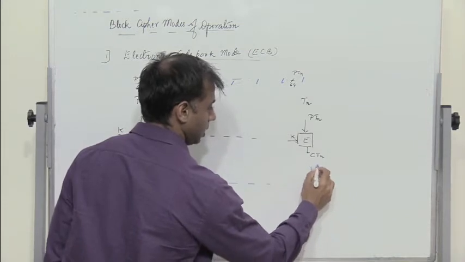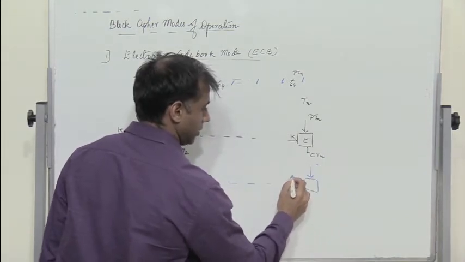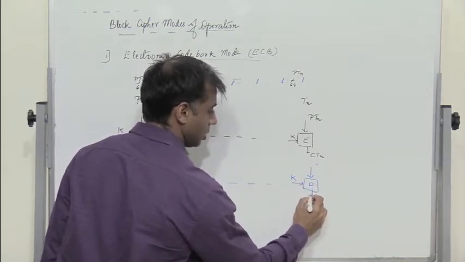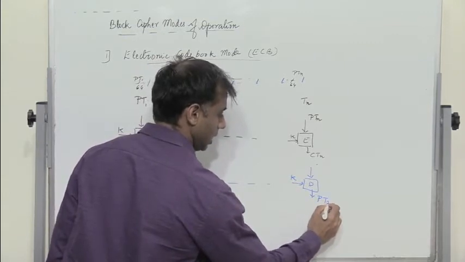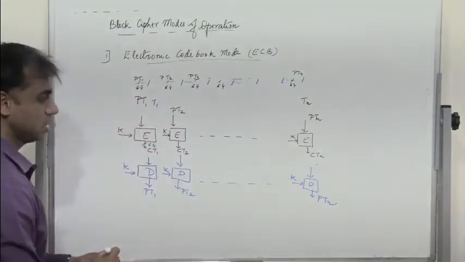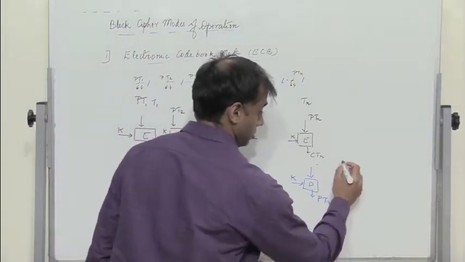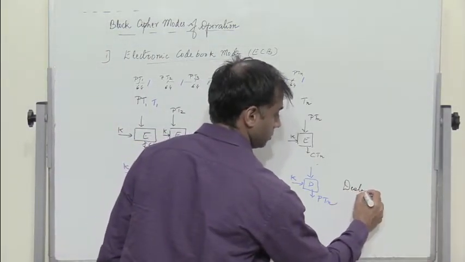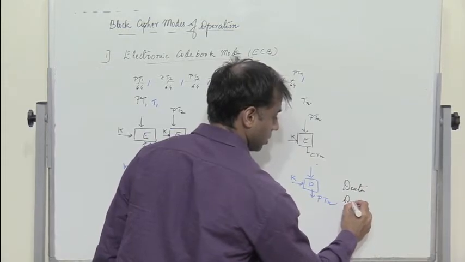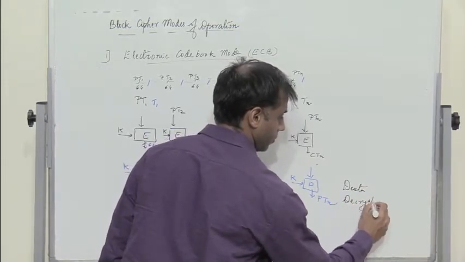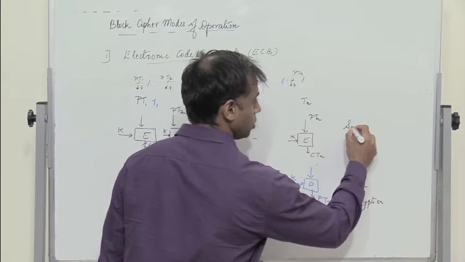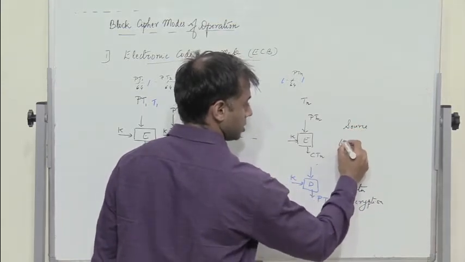The last ciphertext block is given to the decryption algorithm producing PTN. This happens at the destination, and this is decryption. What happens at the source is the encryption.